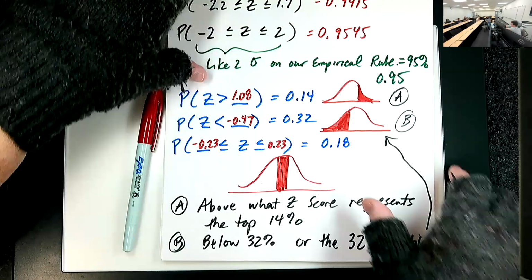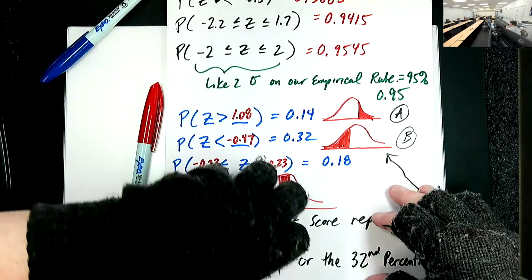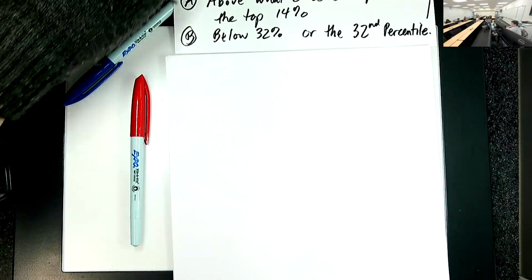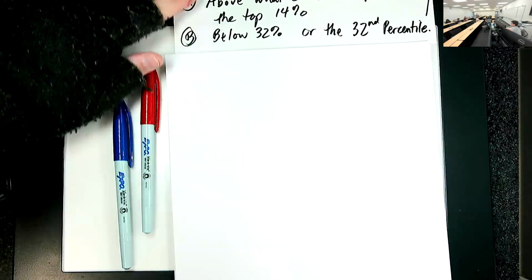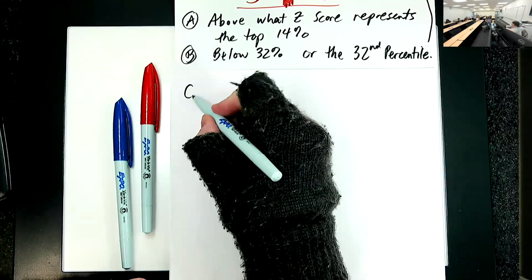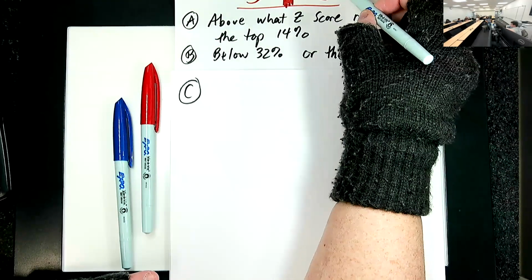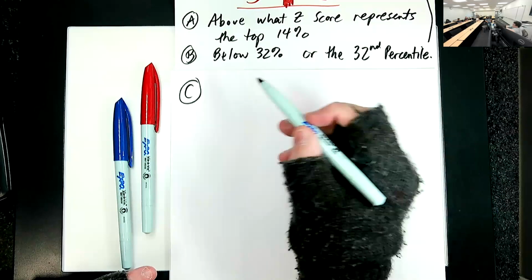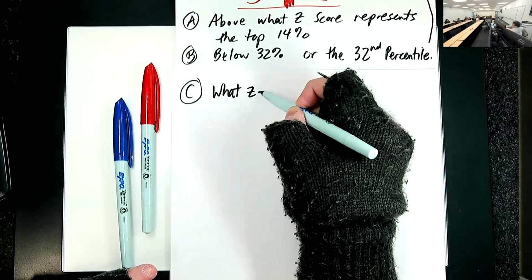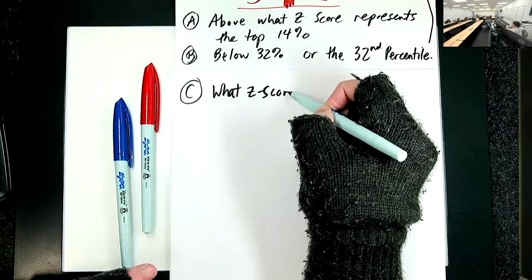And C, the last one. What z-scores represent the middle 18%?